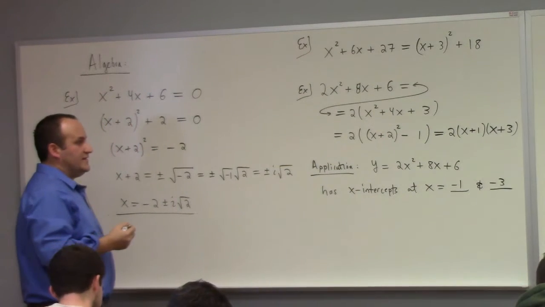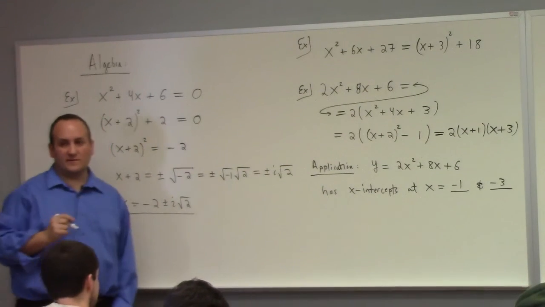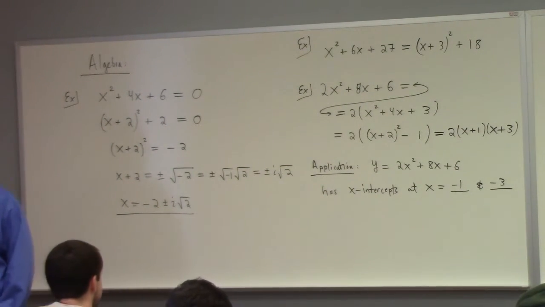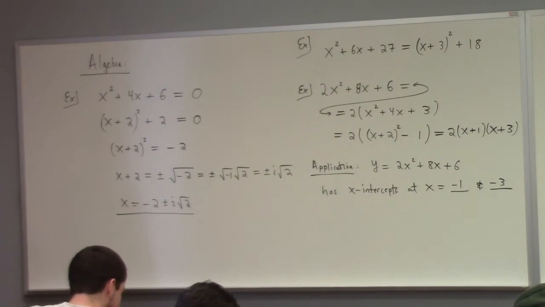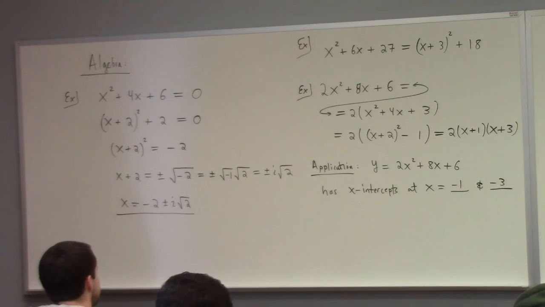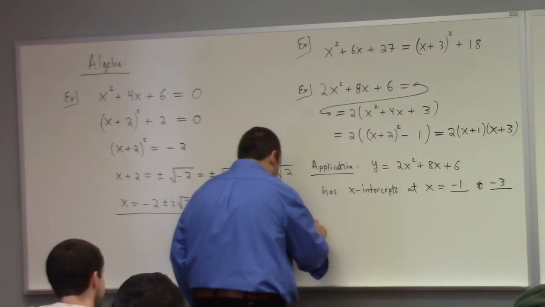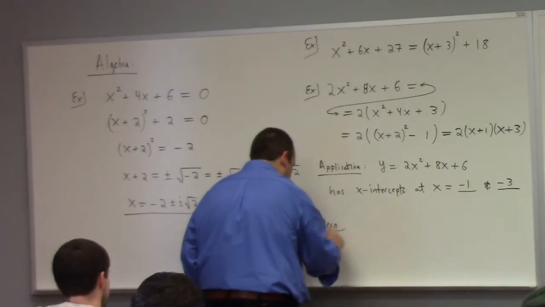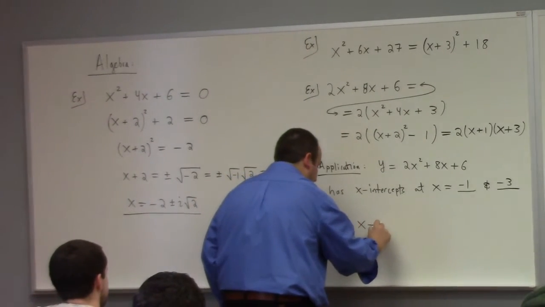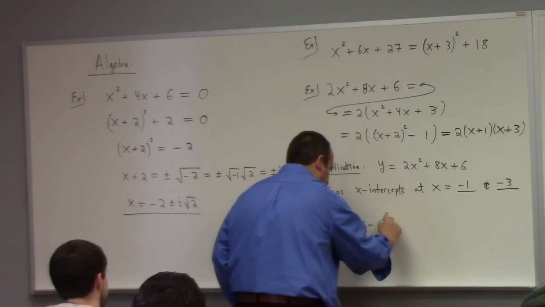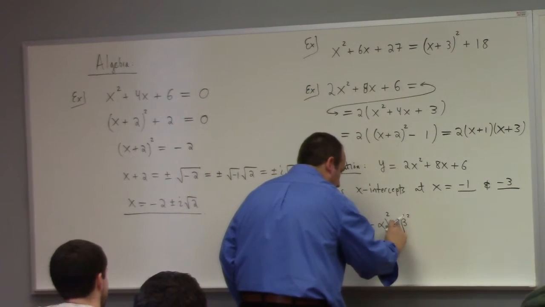How do you get directly from completing the square to the factoring? What's the difference? What's going on there? What's the general pattern? The general pattern is something like this, all right? We have something like x minus alpha, quantity squared, minus beta squared.